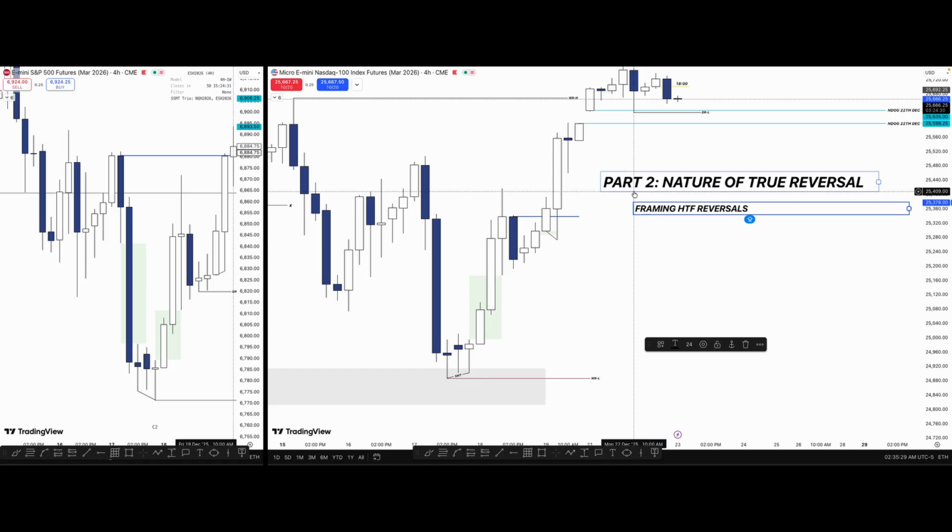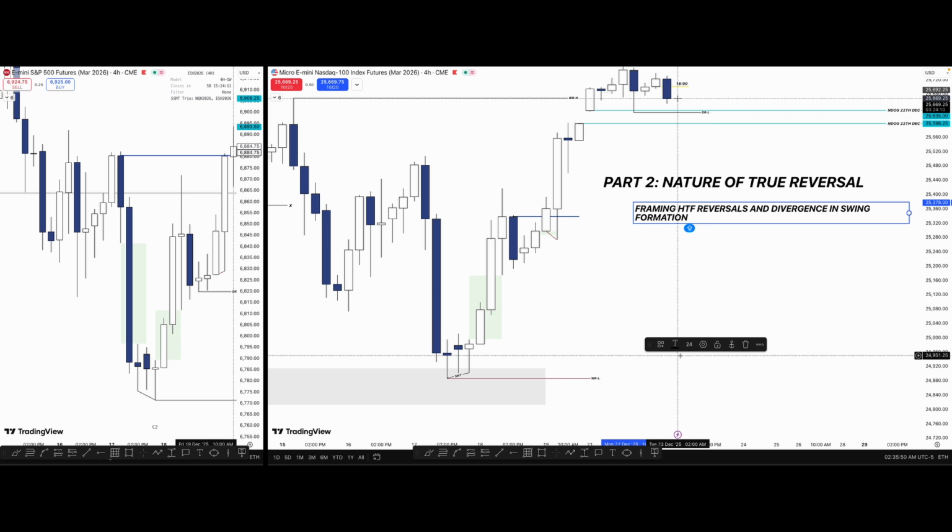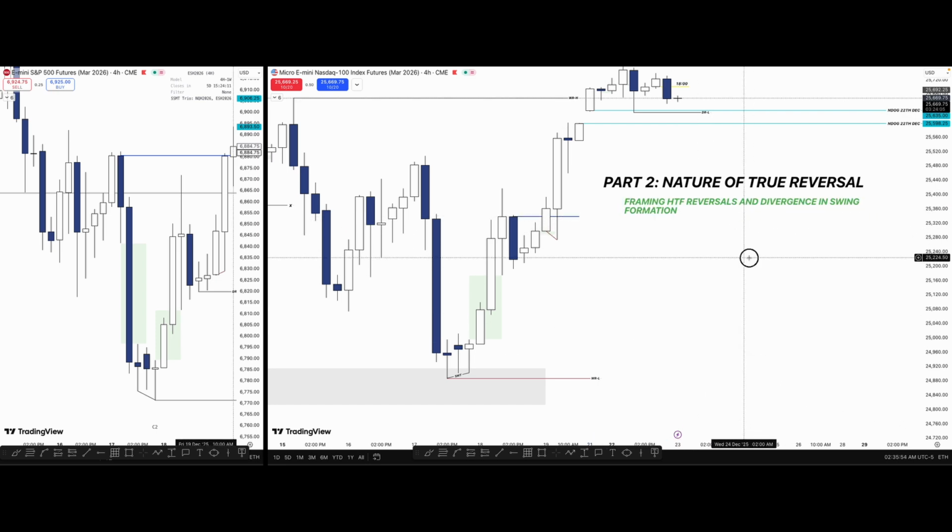Framing higher time frame reversals, right? And this is the only thing that we're trying to do in this thing.